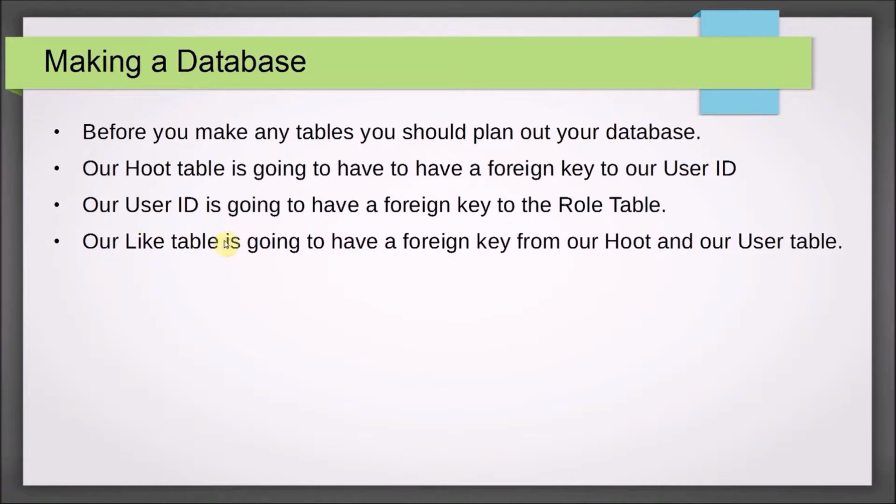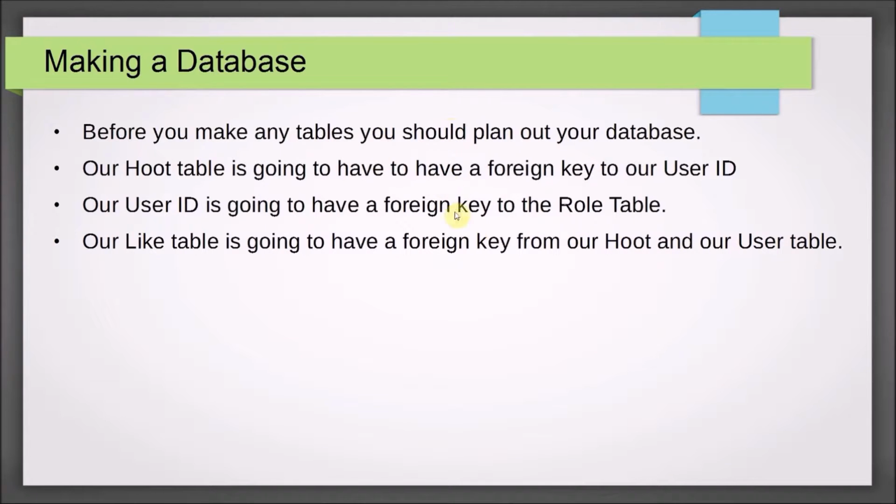And we know our like table is going to have a foreign key from our Hoot and our user table, because we have a user ID and a Hoot ID that we're going to be keeping track of. And the reason you want to make these foreign keys is you don't want to have a like entry that's pointing to an invalid ID for a Hoot or a user. That would just break your web application.